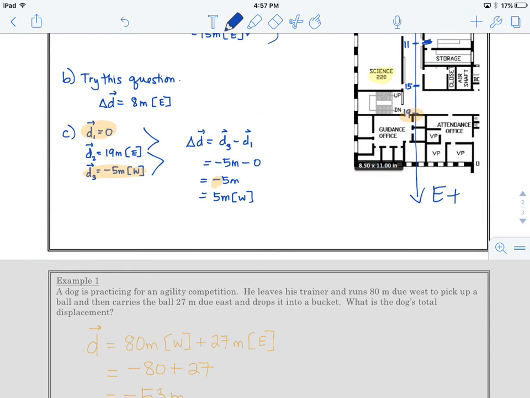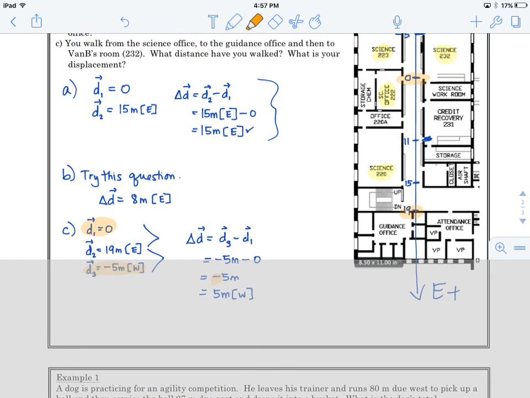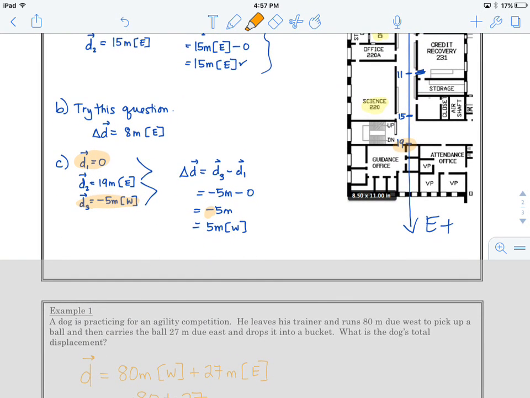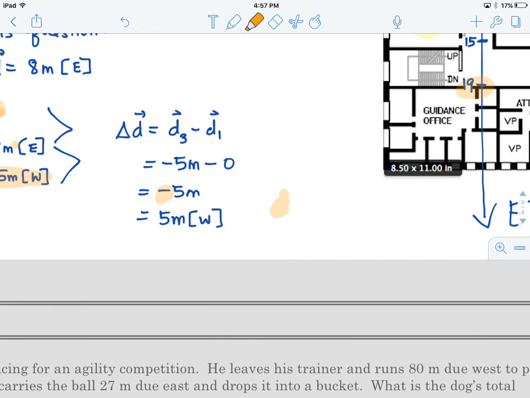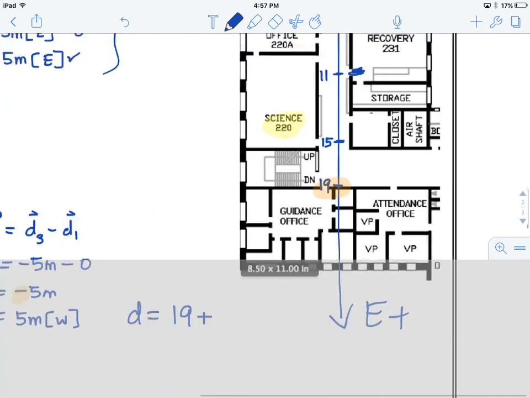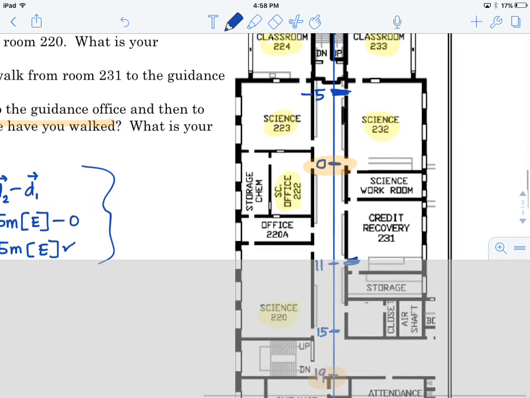Okay, and so that's how we do that. Finally, if we're going to be asked, what's our total distance that we've walked, then we can say, okay, now we take a running total. So when I went from 0 to 19, I walked a total of, so my distance is equal to 0 to 19, well, I walked 19 meters, plus, then I walked another 19 meters back to get to 0, and then I walked another 5 meters up to Van B's room.